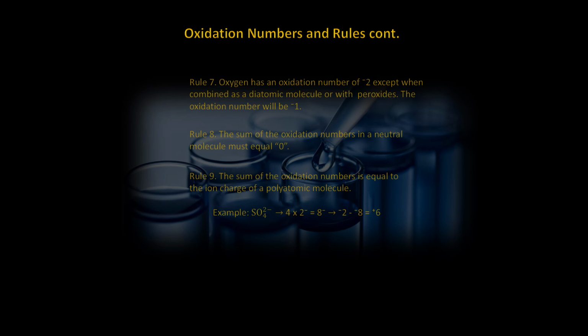An example is shown where the oxidation number for the sulfur ion in the sulfate molecule is +6. Taking the +6 and adding to the -8 equates that the sulfate will have a -2 charge, or oxidation number of -2. Rule number 10 is in reference to neutral polyatomic molecules such as sulfites, SO3, and sulfides, SO2. These must have oxidation numbers of 0.